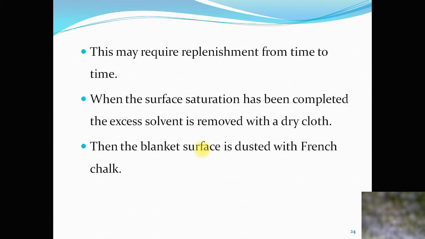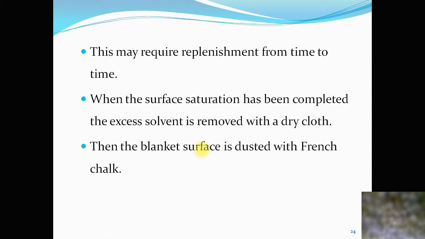Then, the blanket surface is dusted with French chalk. Why should this be done? French chalk, I think you might know about it. What is French chalk? That is a lubricant. The main purpose of a lubricant is to reduce the friction between two moving surfaces.